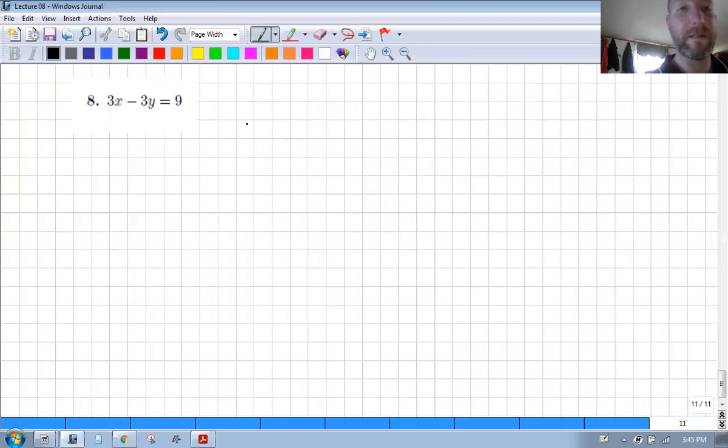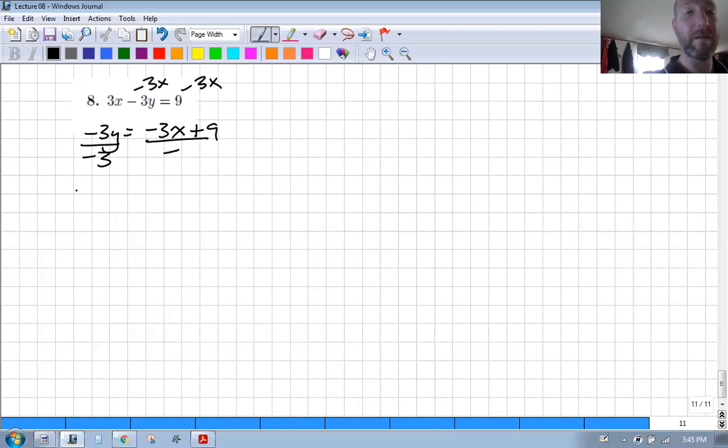Let's get the y by itself by taking 3x from both sides. So we got -3y equals -3x plus 9. Now we can divide by -3. y equals -3 over -3, which is just 1, and 9 over -3 is -3.